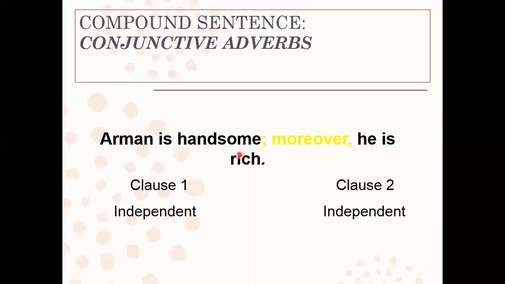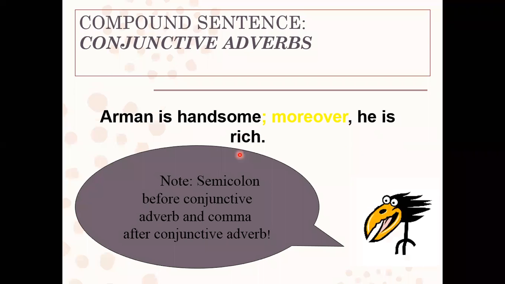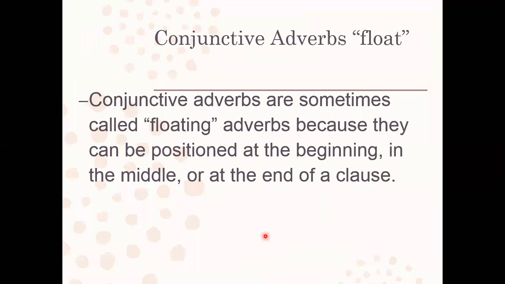These three things are mandatory, and they are used between clause 1 and clause 2. So it is also said the conjunctive adverbs are floating. We'll discuss it. Note: semicolon before the conjunctive adverb, comma after the conjunctive adverb. It is mandatory, you have to use it.